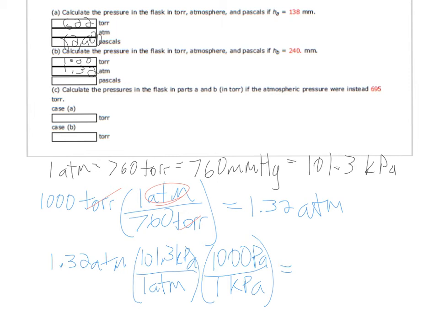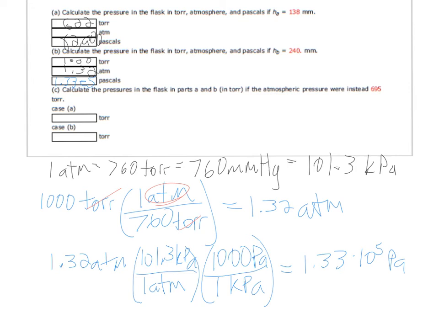So on my calculator, I'm typing 1.32 times 101.3 times 1,000, and I arrive at, if we convert this into scientific notation, 1.33 times 10 to the 5th pascals. And with WebAssign, you can use the E notation, so 1.33 E positive 5 would be an acceptable way to write that.